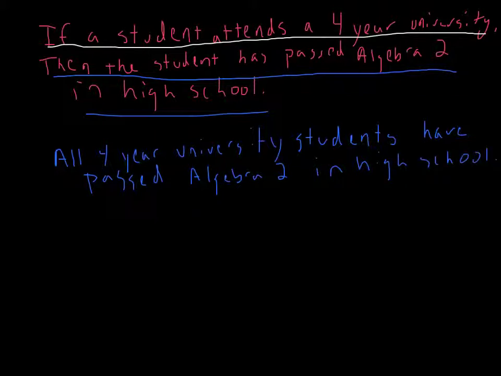There you go. Now you could have worded that a little bit differently if you wanted to, like if you'd said all students who attend a 4-year university. You could have put it that way, but I kind of like this way. All 4-year university students have passed Algebra 2 in high school. There you go. It's just rewriting the sentence in a shorter way, summarizing it just a little bit.